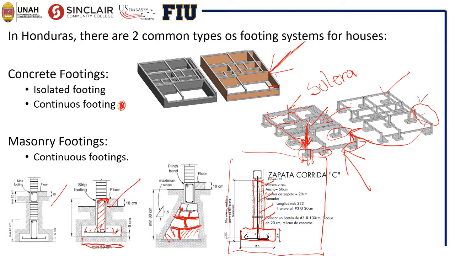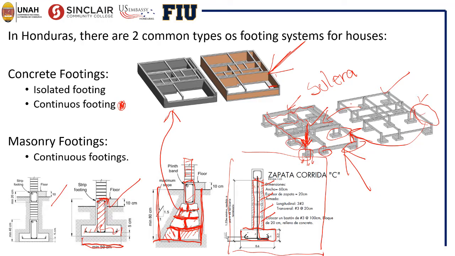So we dig in the ground for the area for our footing, then we start putting stone, and for gluing each stone we use the mortar. Then when we achieve our final height over the masonry footing, we have the foundation beam, and from the foundation beam we start to build our walls.